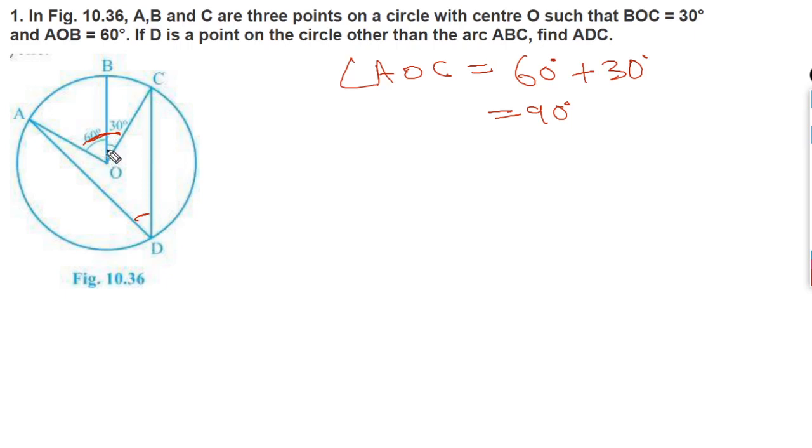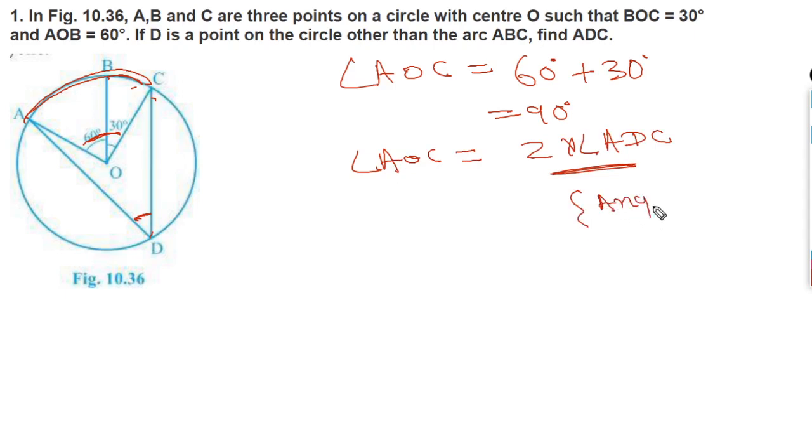angle AOC is an angle subtended by this arc at the center, and angle ADC is angle subtended by the same arc on the circumference. Okay, so you know that angle AOC is equal to 2 times angle ADC. Why? Give reason.